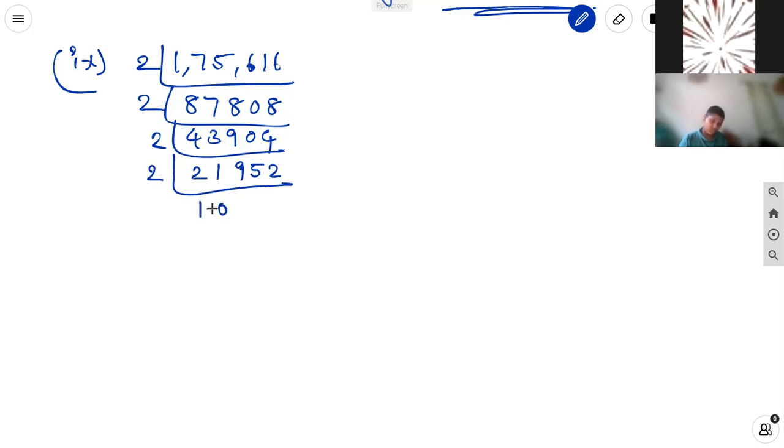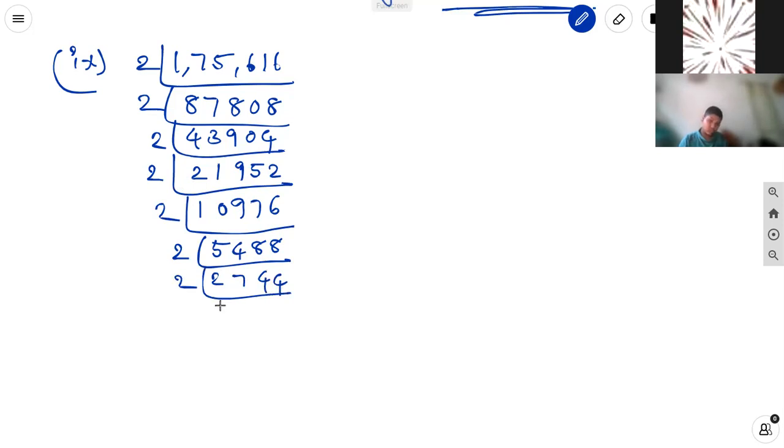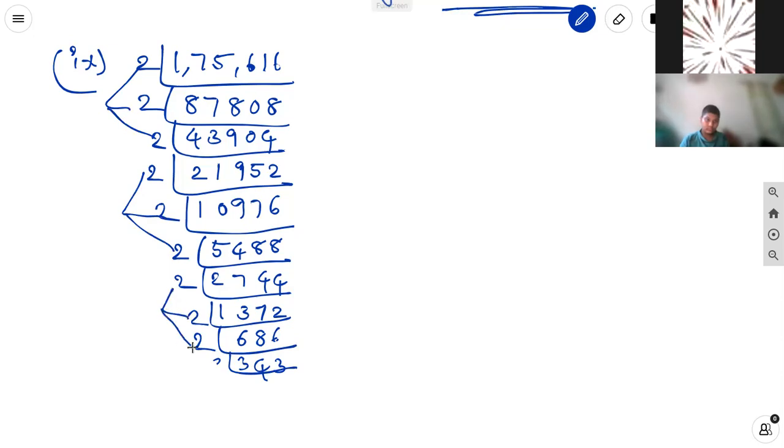2 ones are 2, 2 zeros are 0, 2 nines are 18, 2 sevens are 14, 2 sixes are 12, 2 fives are 10, 2 fours are 8, 2 eights are 16, 2 twos are 4, 2 sevens are 14, 2 fours are 8, 2 ones are 2, 2 threes are 6, 2 sixes are 12, 2 eights are 16, 2 threes are 6, 2 fours are 8. Here there is a triplet of 2, another triplet of 2, and another triplet of 2.